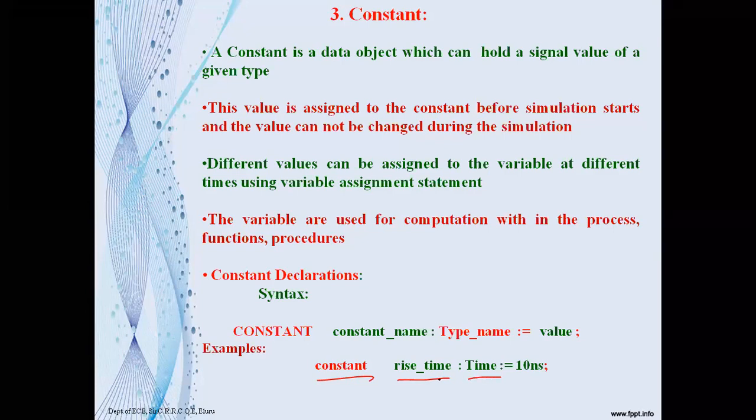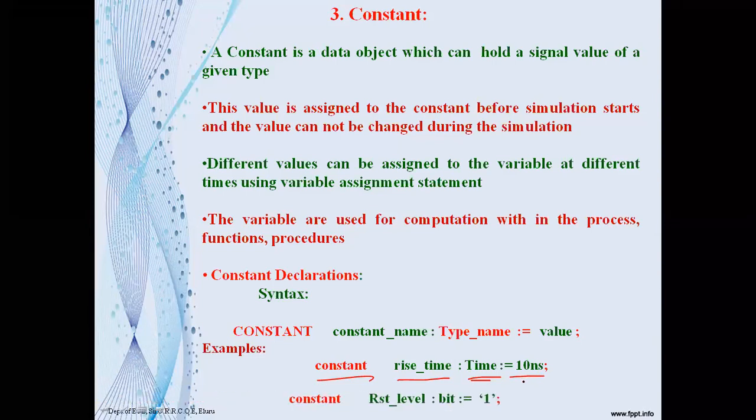It is no more integer or real because it is referring to time. So the type is time and you are assigning the value 10 seconds to that rise time. It is a constant value now. Throughout the running of the simulation, it is the constant value. If you want to change it, you have to go back to your code and change the value there.